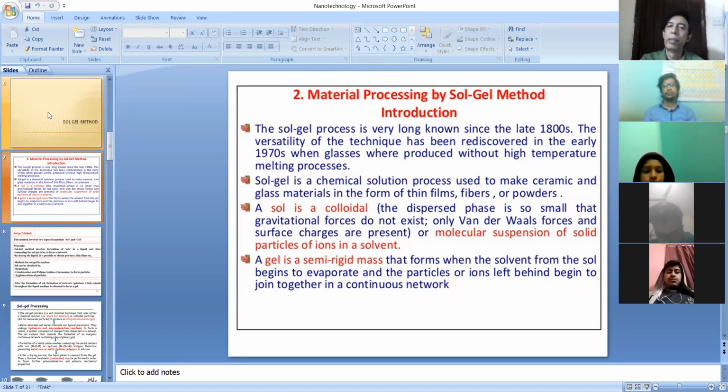But the sol-gel preparation of sol and gel is a very old thing. How to prepare a sol or how to prepare a gel.